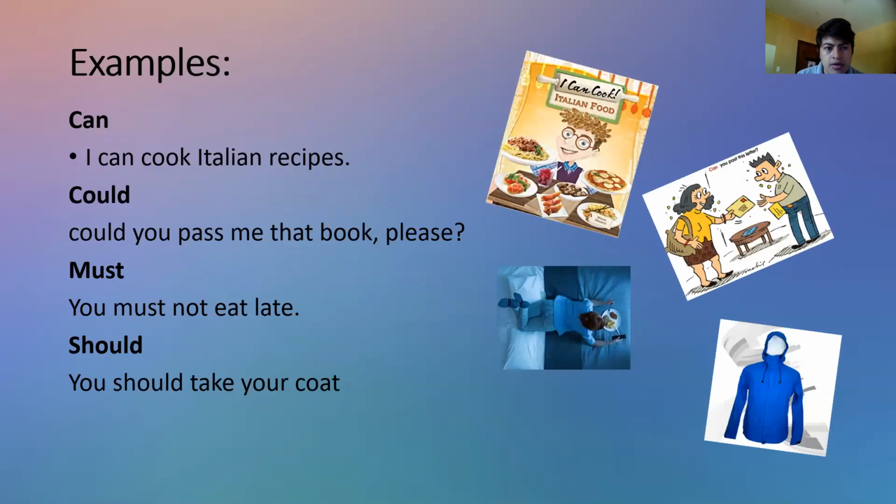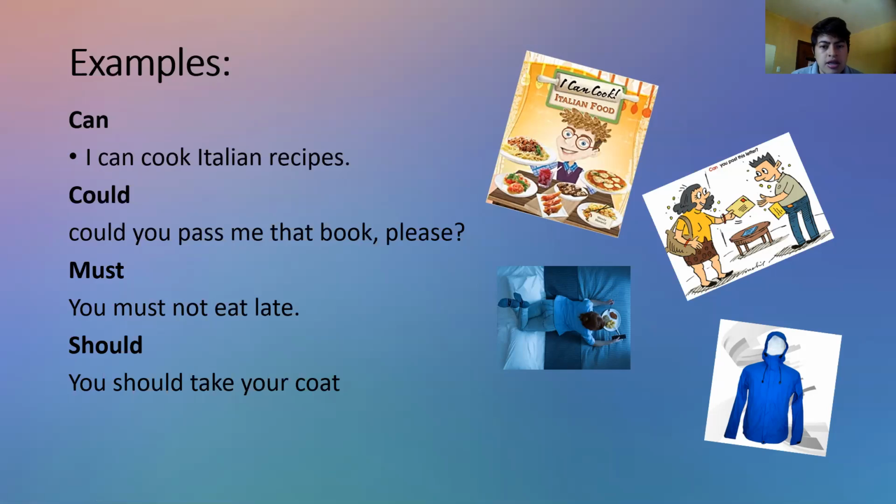Okay. Here, for example, with can is an ability, right? I can cook Italian recipes. Here in the picture, you can see what it means. I can cook Italian recipes.